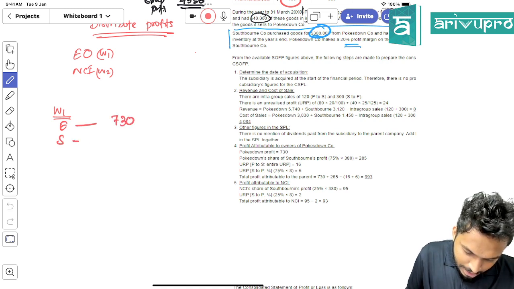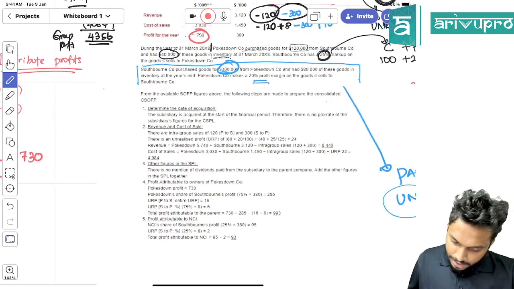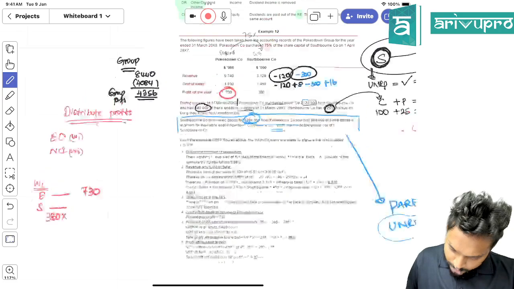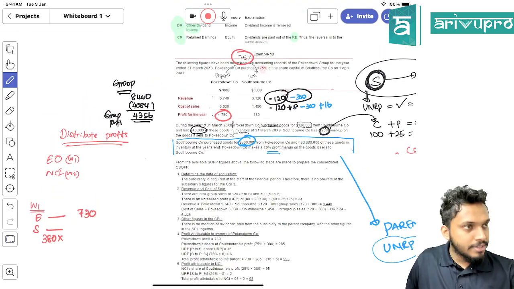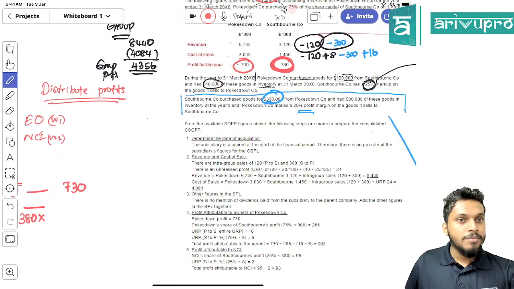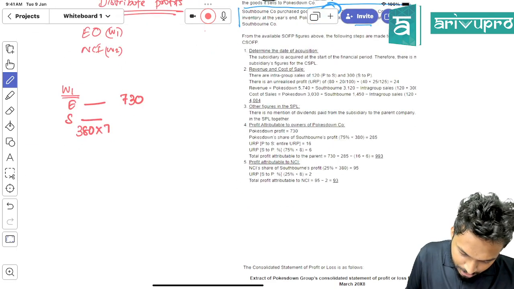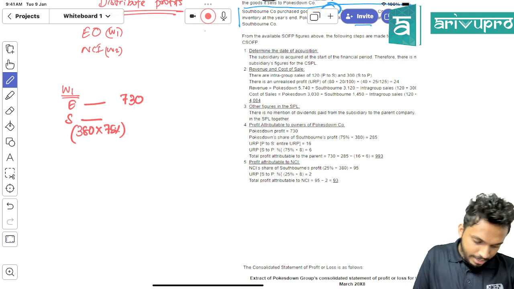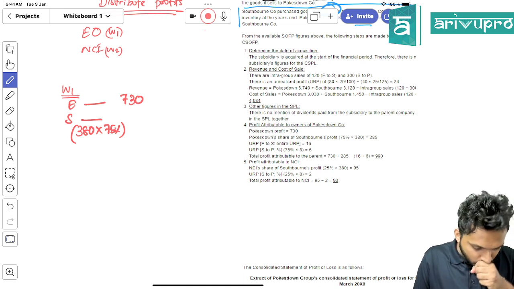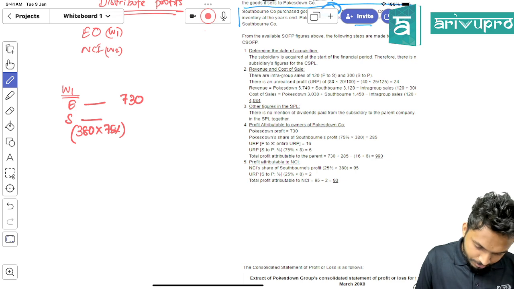But from the subsidiary, they will get how much? 380 into, what is the percentage? 75%. Because 380 is the subsidiary's profit. Of this subsidiary's profit, they will enjoy 75%. So 380 is 75% is how much?